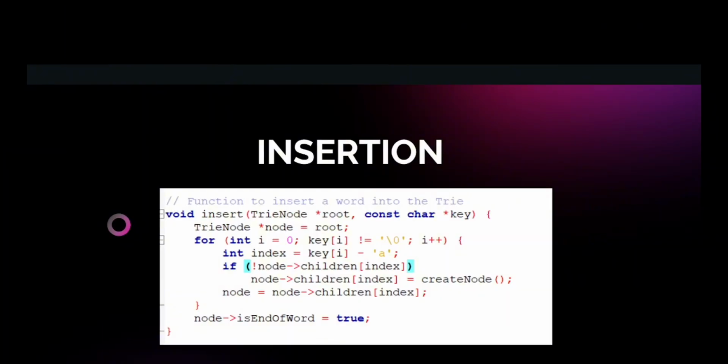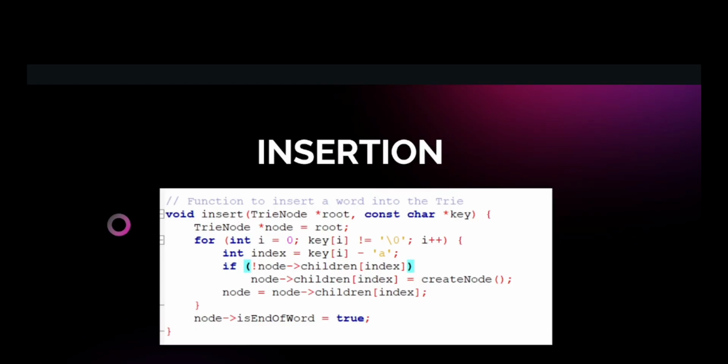So here is our code for int i equals 0. This loop moves character by character in the word key, and we process it until it reaches the end, the null terminator of the string, and key array i gives the current letter.